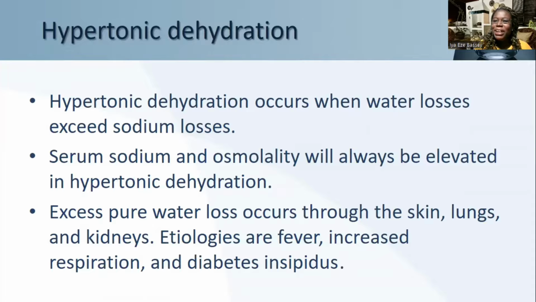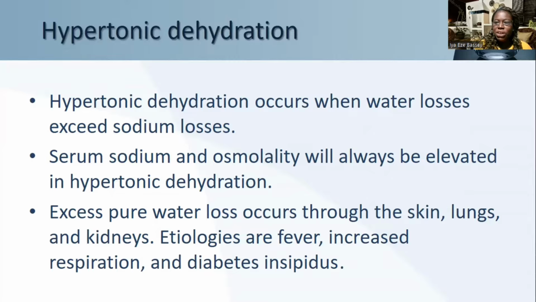And I did tell you that sodium was the ion responsible for more than 90% of the osmotic pressure. So when you do have accumulation of sodium in the body, the osmolarity of the body will be increased, okay? And this will result in hypertonic dehydration, all right?